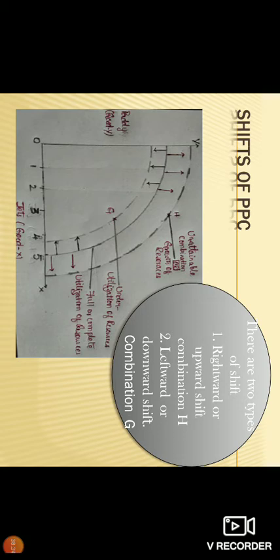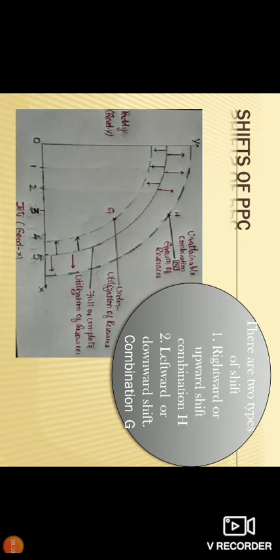I am marking G. So for G I am marking another production possibility curve with small dots. It is not a curve, it is dots I am making, a differentiation I am making. Here the resources on the G combination are underutilized, not completely utilized.